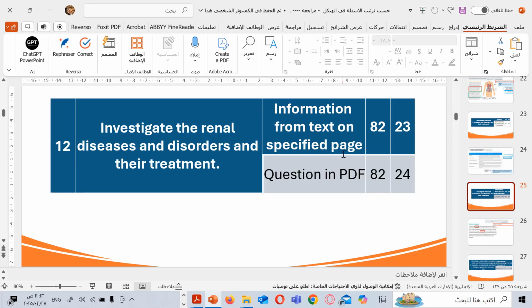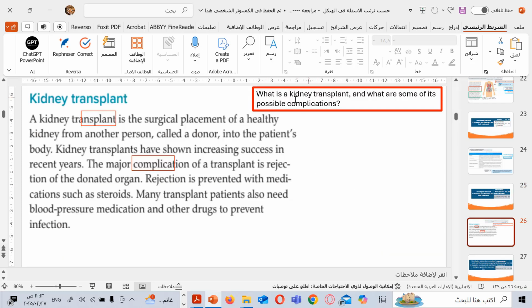Question number 12. Information from the text, specified page, question in the PDF, so we will see the question here. He mentions this question, meaning maybe he will bring it. He asks what a kidney transplant is and what some of its possible complications are.